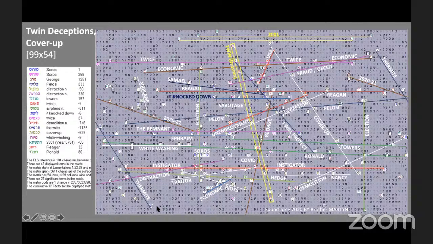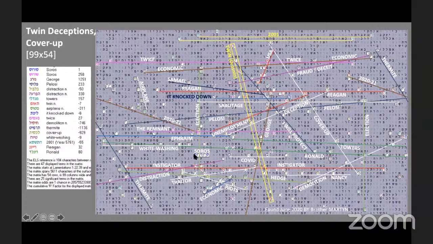The other interesting thing too is, looking into this, I used to be a structural engineer, and looking at the weirdness of how it was brought down, the word thermite is in here, which is an explosive used in the demolition of buildings. And it was actually expunged from the official report on this event, but it's here in the code.